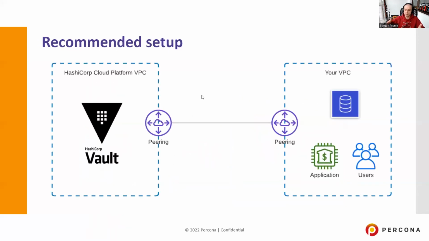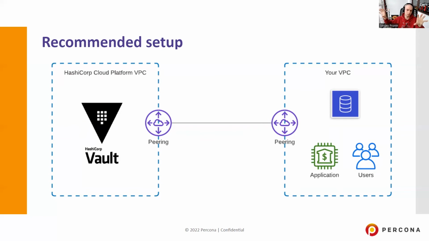Actually, the recommended setup looks like this. If you're familiar with Amazon, they have VPCs, virtual private clouds, running in specific Amazon accounts. If you want to use HashiCorp Cloud Platform in production, the recommended setup is that you have HashiCorp Vault deployed in a private VPC running in HashiCorp's Amazon account.